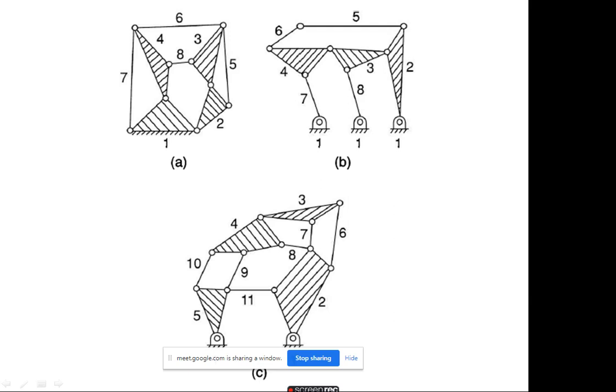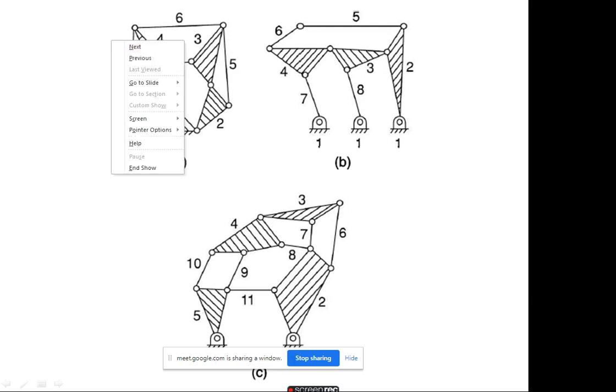Then apart from this, how many joints have more than 2 links, that you need to understand. The links 4, 6 and 7 contact at this joint, so more than two links are joined at this point, and you get +1 here.